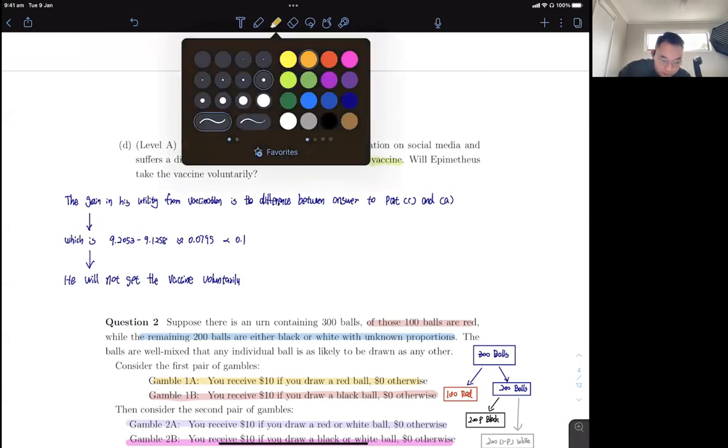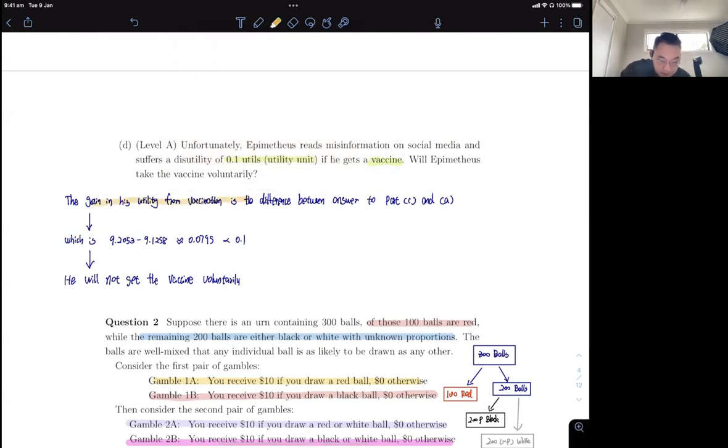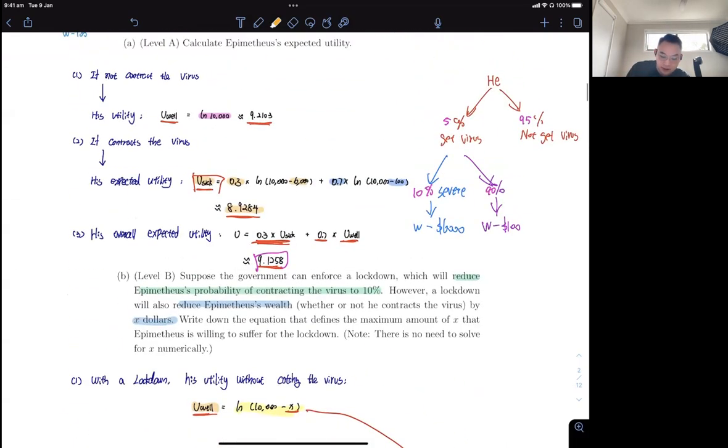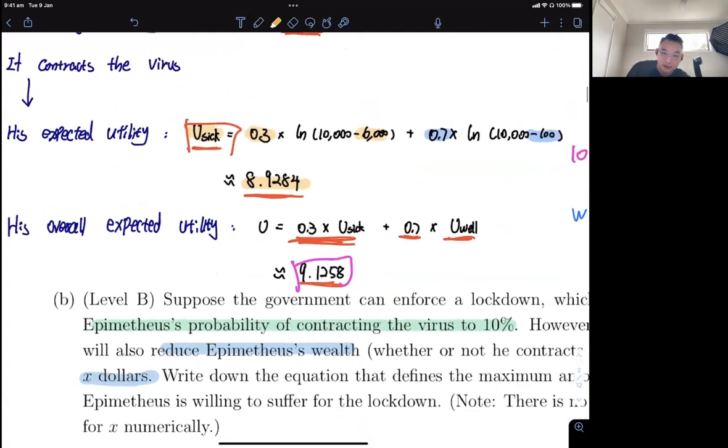So the gain in his utility from the vaccine is the difference between the answer to part C and part A, as we said previously. If he doesn't take the vaccine, his utility equals 9.1258.